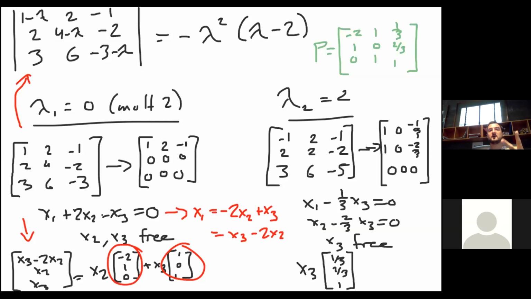But then we say, okay, look at this general eigenvector. There are two variables that it depends on. So I can rewrite this as a linear combination of those two variables, which the first step would have been saying, hey, take this, set it equal to, well, separate my x2s and my x3s. So I'd have a negative 2x2, an x2, and a 0.